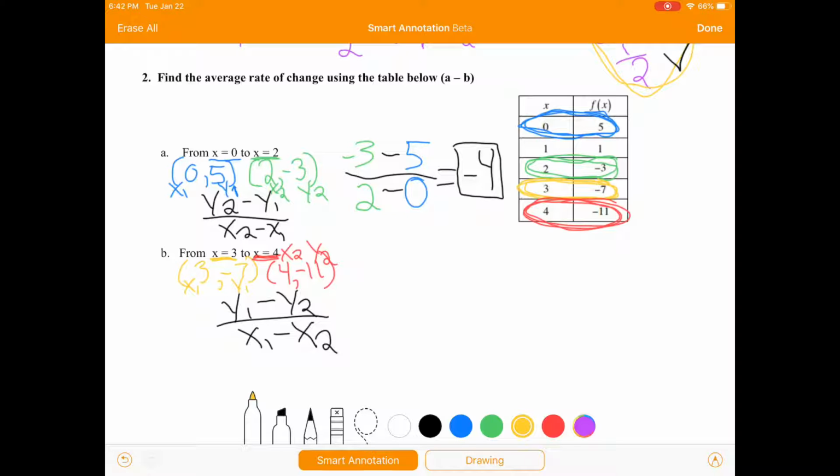The first thing I want to put is my y1, which is negative 7, subtract my second y value, which is negative 11, divided by my x1, which is 3, minus my x2, which is 4. Once you put it in your calculator, you get negative 4. And that is your answer as well for B.